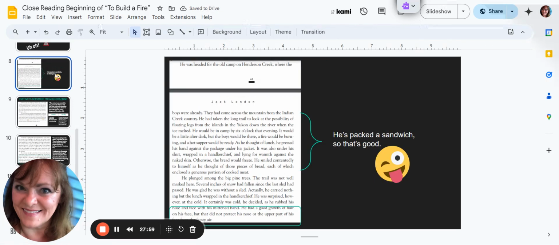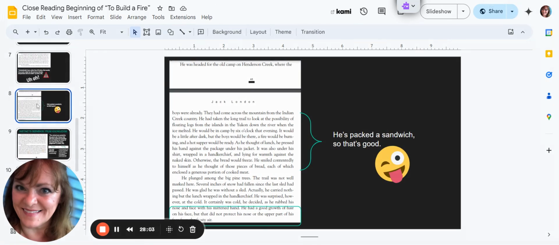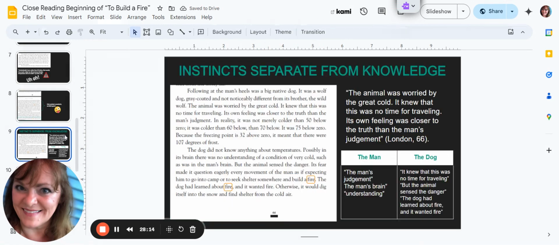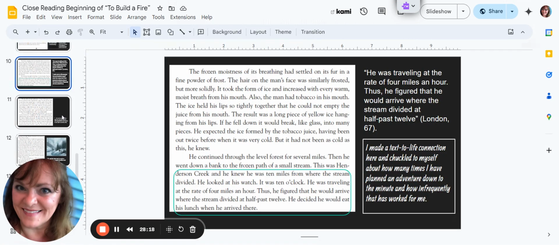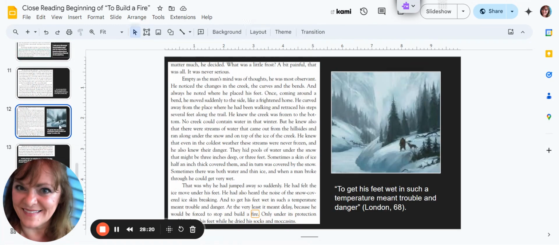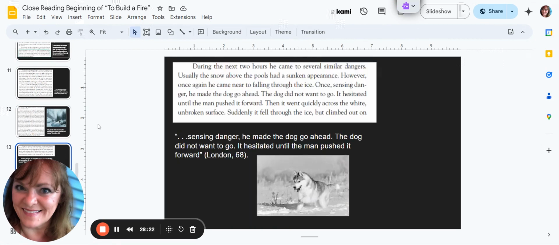And I know the dog wanted a fire, remember? Anyway, that's something that I also do, just keep track of where I keep seeing certain things that are symbolic or repeated. I keep track of that.